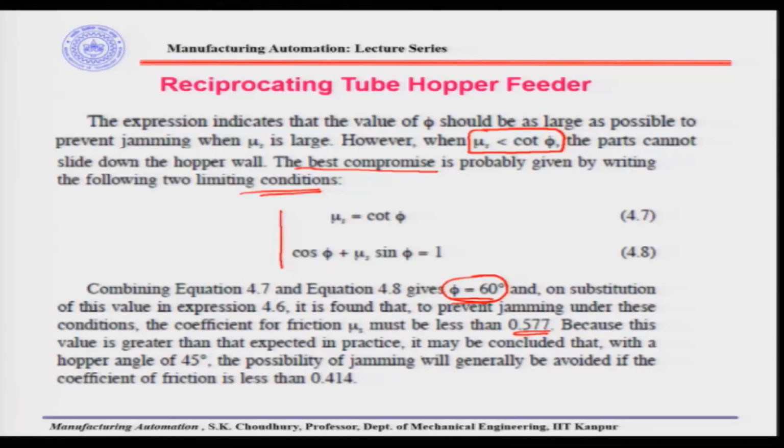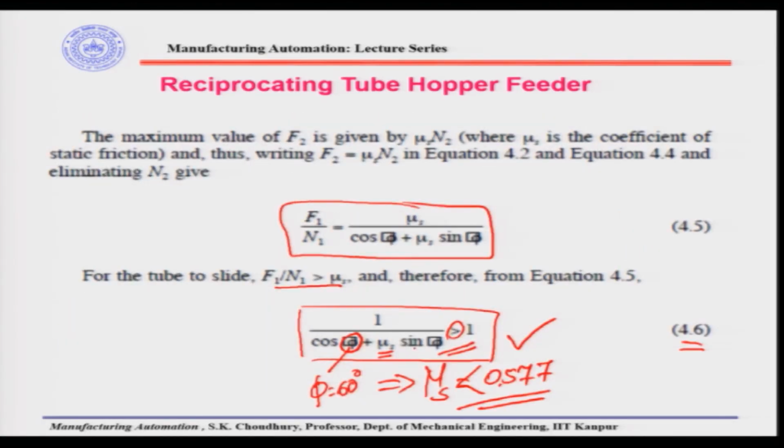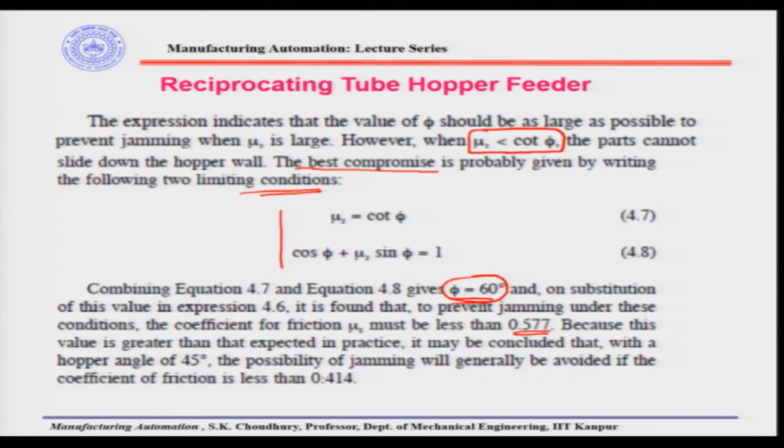So it may be concluded that we go for a hopper angle of 45 degrees instead of 60 degrees, for which we were getting mu equal to 0.577. For 45 degrees, you can find from this equation that the friction is less than 0.414, which probably satisfies all the combinations of the material of the part and the hopper wall.